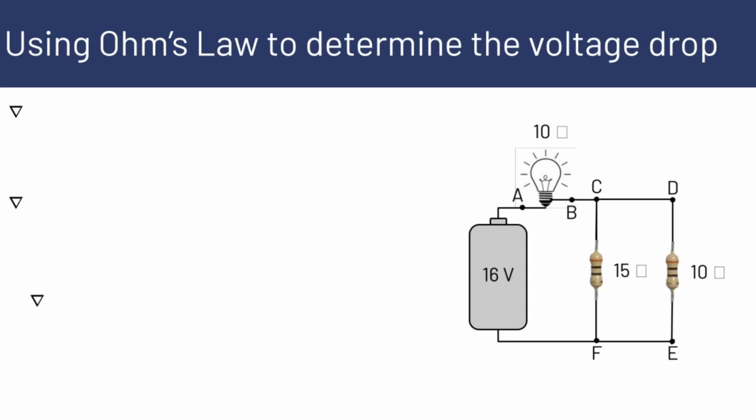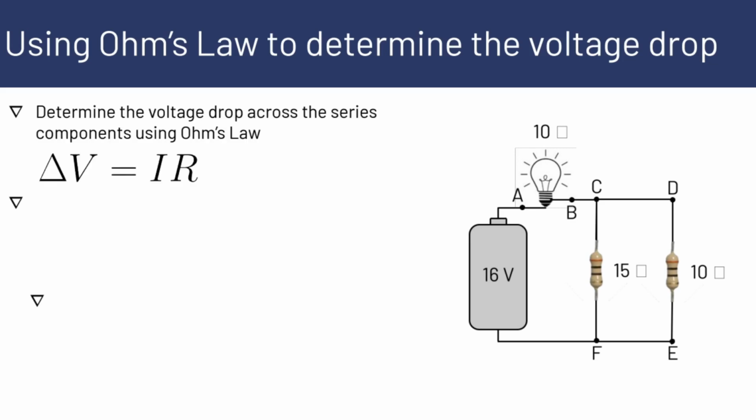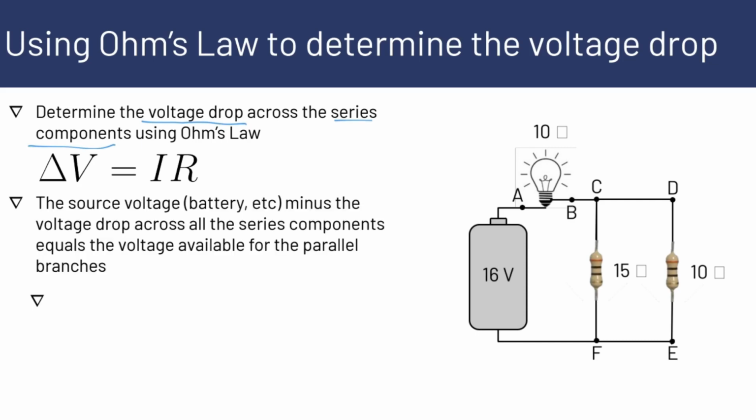Before we can figure out the current in the parallel branches, we've got to first use Ohm's law to determine the voltage drop. We're going to determine the voltage drop across the series components using Ohm's law, delta V equals I times R. The source voltage, the battery or whatever the source voltage is, minus the voltage drop across the series components is going to equal the voltage available for the parallel branches.